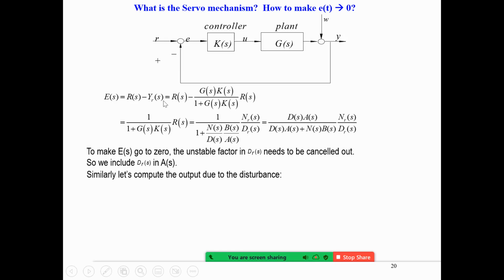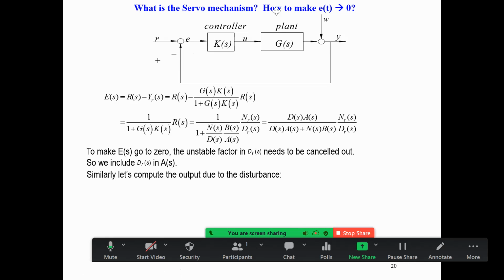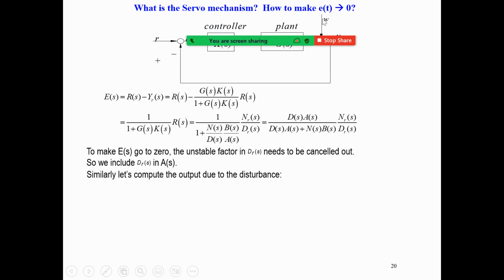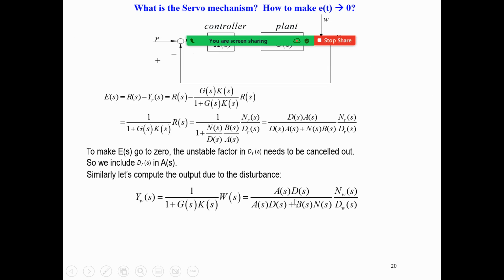Similarly, if we compute the output due to the disturbance, we get the expression in the S domain, and then we realize it also depends upon the unstable poles of the disturbance.